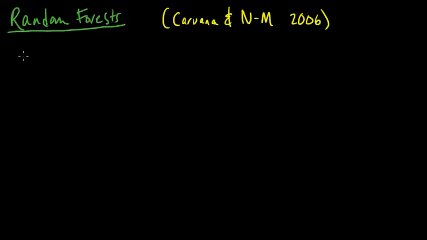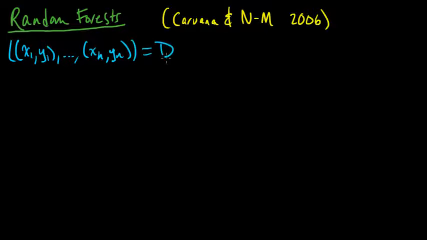So what is a random forest? How does this work? I'll just outline the algorithm. It's very simple. As usual in the supervised setup, we've got observed data points, a sequence of x's and y's, and let's call that D. For i going from 1 to B, for some number B, we're going to construct B trees.